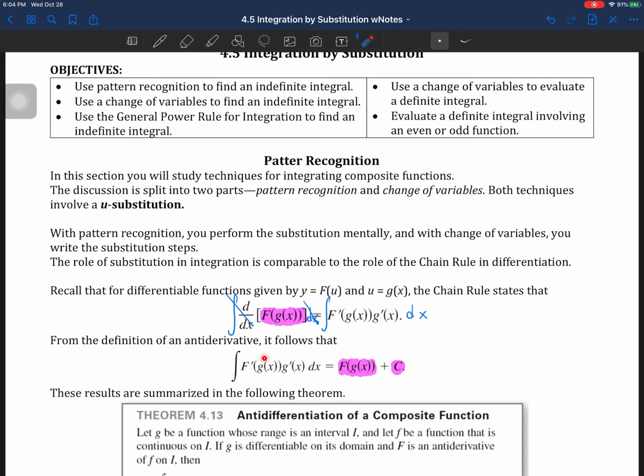Then you rewrite g of x inside that function, and this part goes away. But notice two things. We need to have the derivative of the outside, and you have to have an inside function, and then outside you need to be multiplying by the derivative of the inside. So we must see those two things.